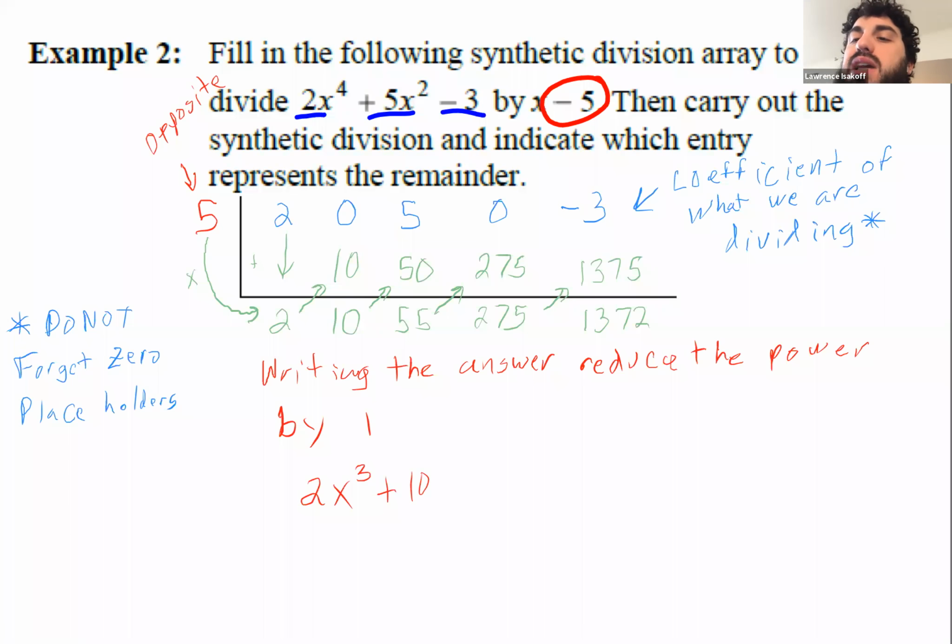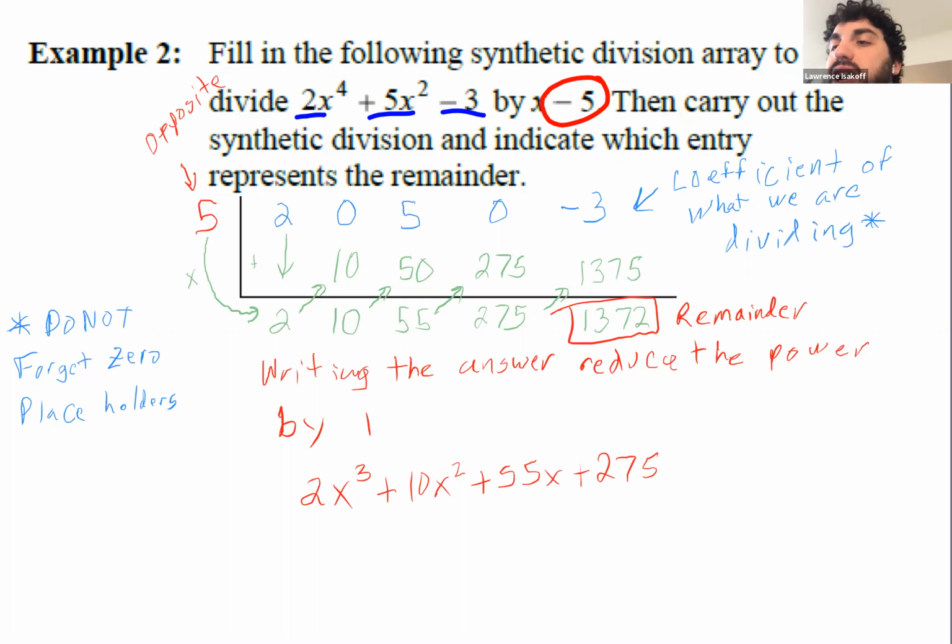Then that's going to be 10x squared. Oh, I just want to put this here, that this is the remainder. Then that's going to be plus 55x plus 275 plus that remainder, this over x minus 5. And that's using synthetic division.